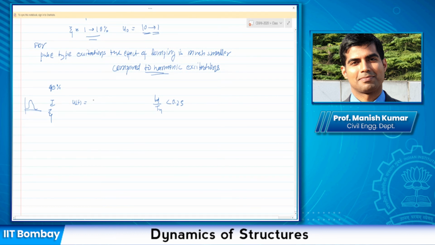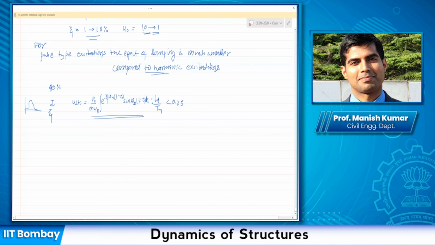So for that case, it would be P naught by m omega n e to the power minus zeta omega n (t minus tau) and then sine omega d, remember this is d, omega d, (t minus tau) d tau. For cases where Td by Tn is smaller than 0.5, I can still get this response.